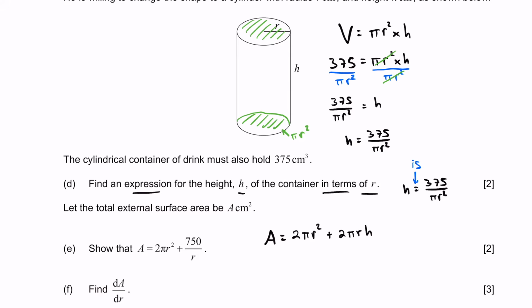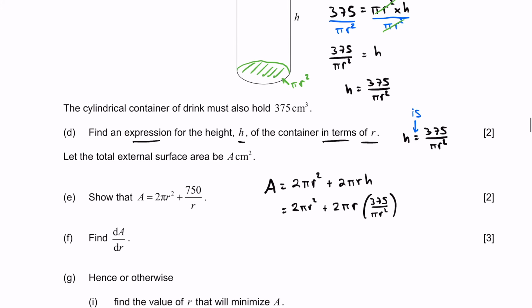So wherever we see this h, let's replace it with 375 over pi r squared, and we'll get rid of h and replace it with r essentially. So 2 pi r squared plus 2 pi r, and now we have 375 over pi r squared.